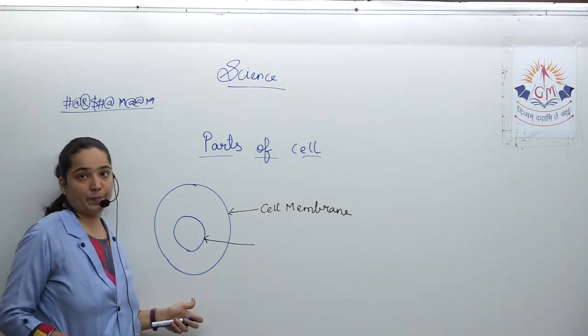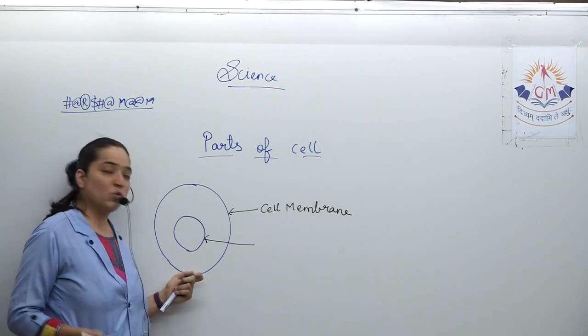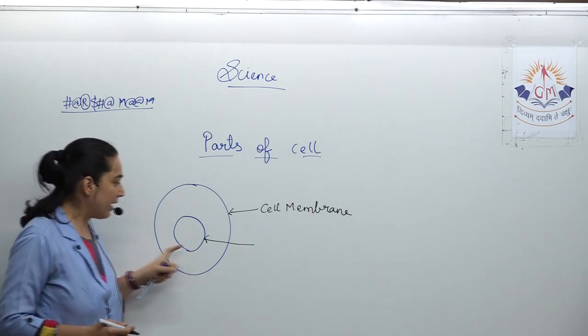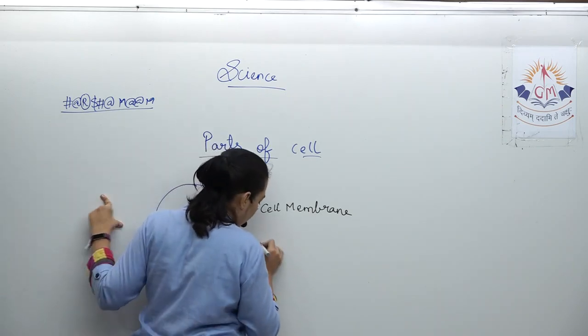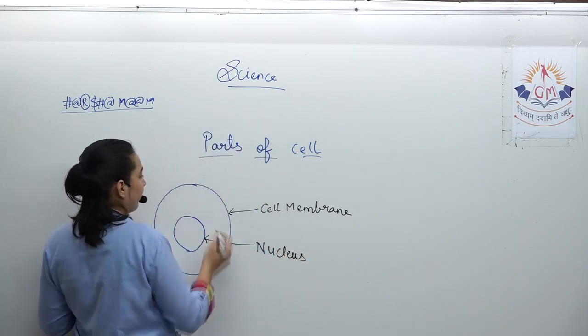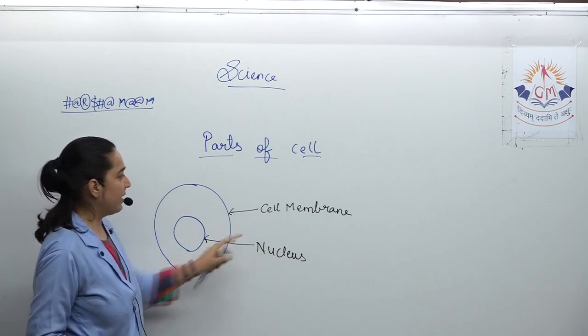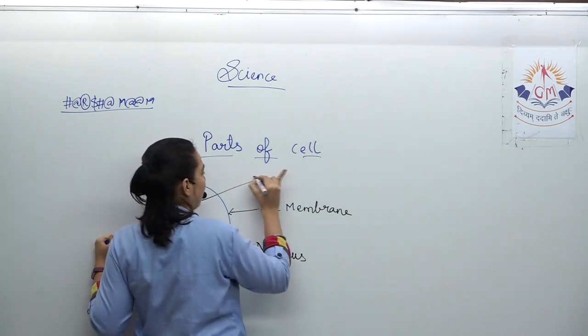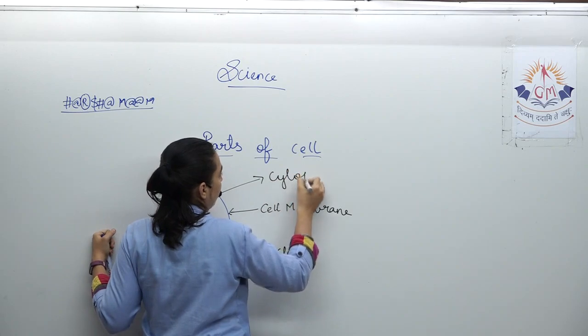Inside the cell, there is one particular thing, a spherical thing, that is the nucleus. Between the nucleus and the cell membrane, you have cytoplasm.